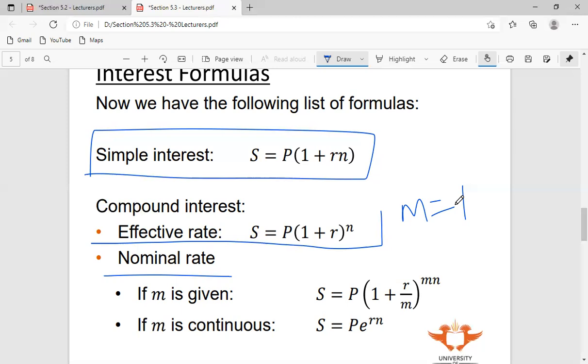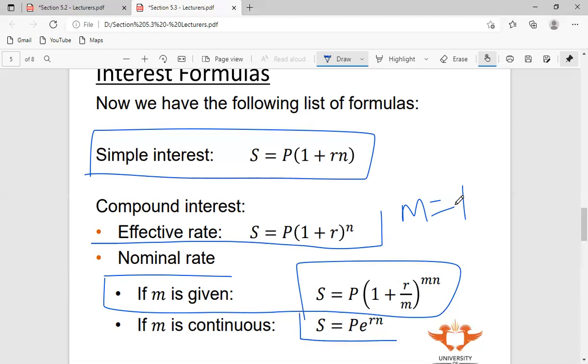For nominal interest, the formula is given by that. And for continuous interest, where interest is compounded continuously, you will be told in the question that the interest is 7% per year compounded continuously. Once you see the word continuously, you think of that formula.